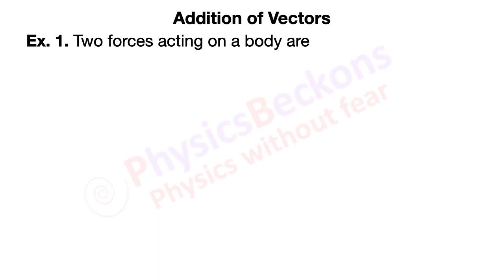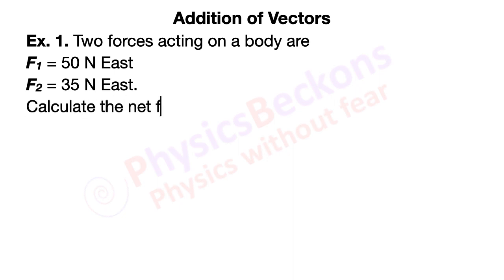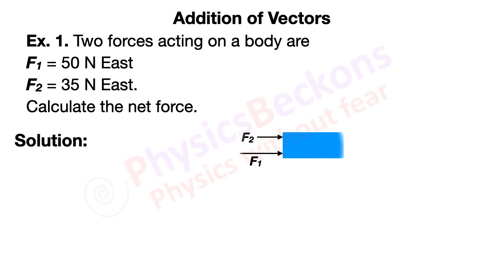First example, two forces acting on a body are F1 equal to 50 Newton east, F2 equal to 35 Newton east. We are to calculate the net force. For solution, let's consider this diagram. We have force F1 applied to a block towards east, F2 again to the same block towards east.